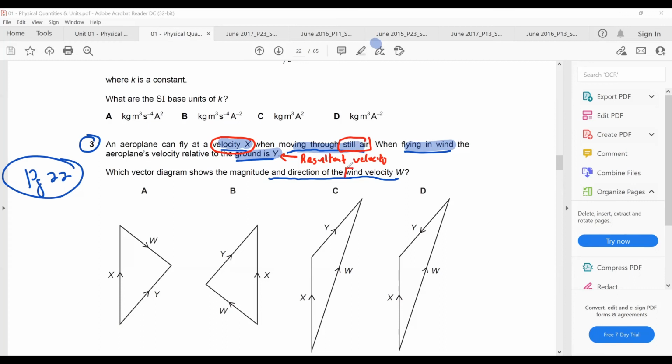It then encounters wind with velocity w. When the aeroplane with velocity x encounters wind with velocity w, its velocity now becomes y. Basically, velocity x of the aeroplane, once it meets velocity w of the wind, is now flying with a resultant of y. So basically, the question now is asking you which of these diagrams is correctly showing the direction of the wind velocity w.